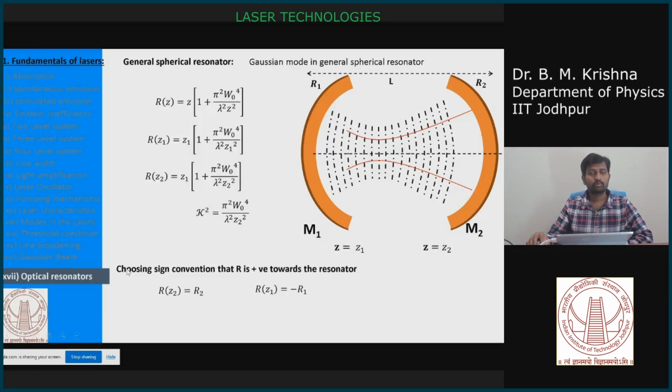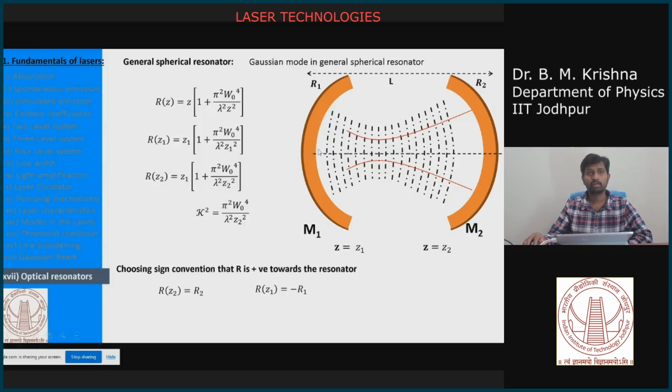Okay, I am choosing the sign convention that R is positive towards the resonator. For example, if I am going in this direction and I see the concave surface, this becomes positive and the other becomes negative.